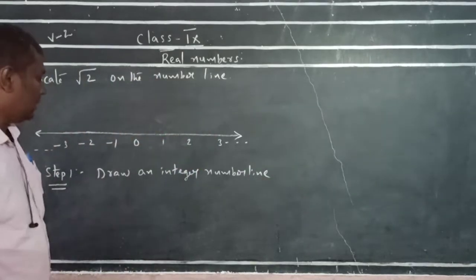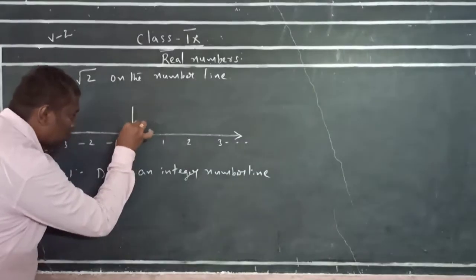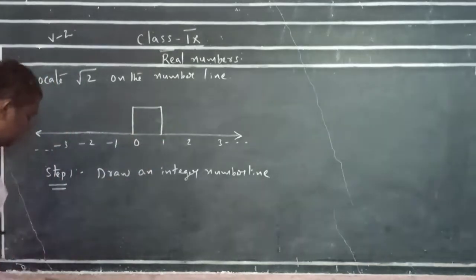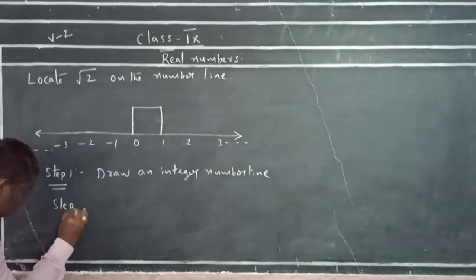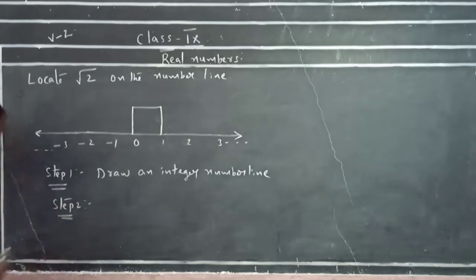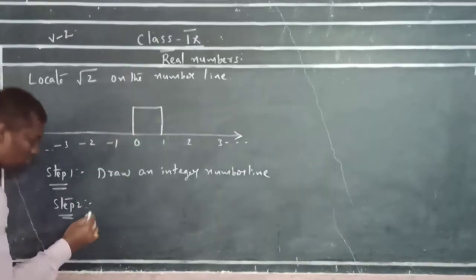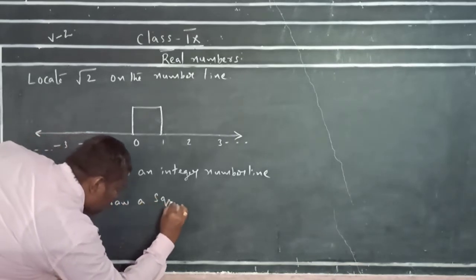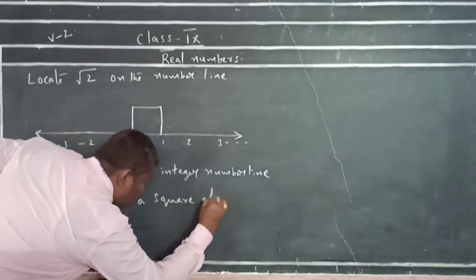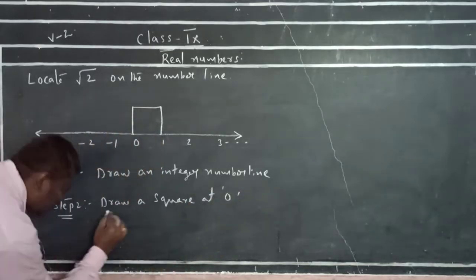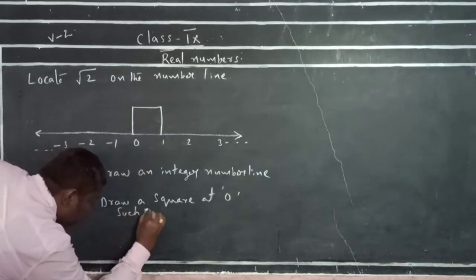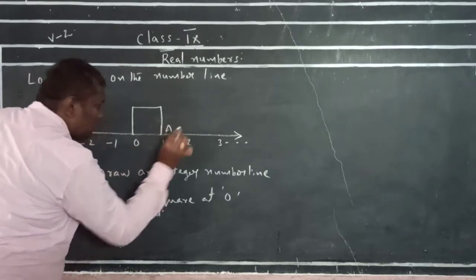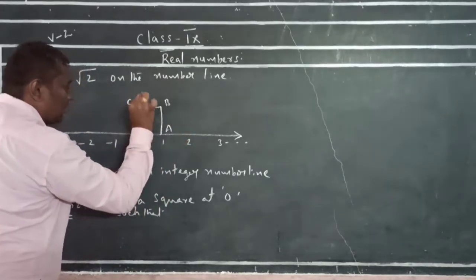Next, observe here, draw a square. Step 2: draw a square at O, such that A, B, C are considered.